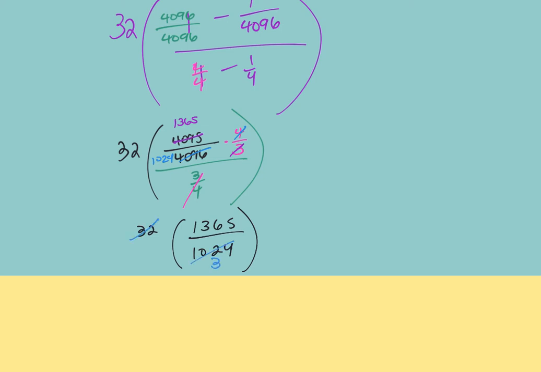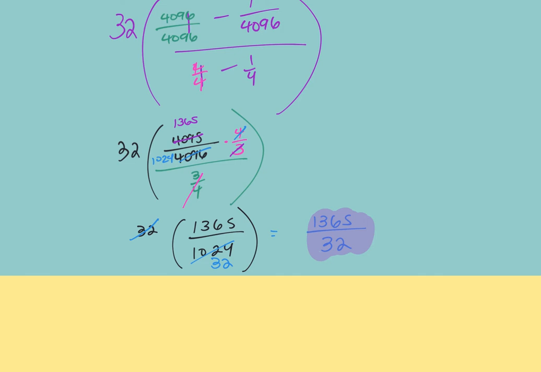It's 32 times, and my answer is 1,365 over 32. So these numbers are going to be ugly, but that is the same process every time. And you won't give me a decimal there. You will keep these exact, simplified but exact.